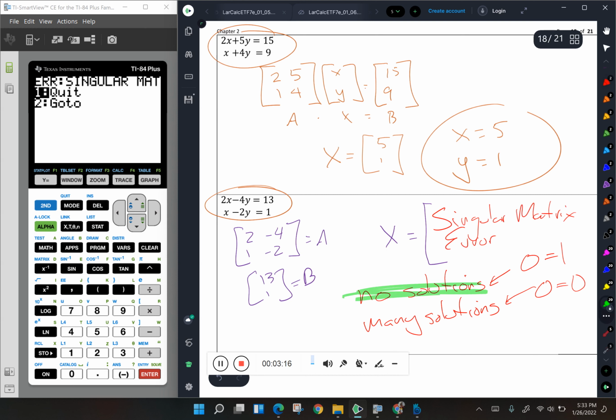That I either have no solutions to my matrix algebra, or I have many solutions. And this, in my opinion, is the weakest thing when it comes to matrix algebra. When I did the Gauss-Jordan approach, I could look at the result on the calculator and I could tell whether or not it had no solutions, many solutions, or a solution.